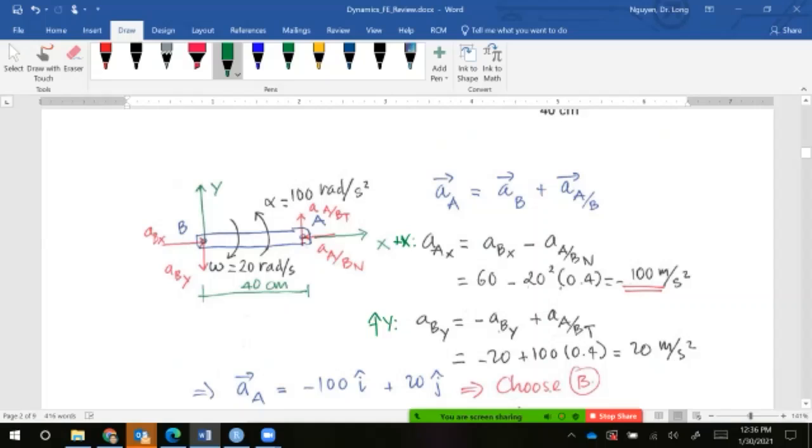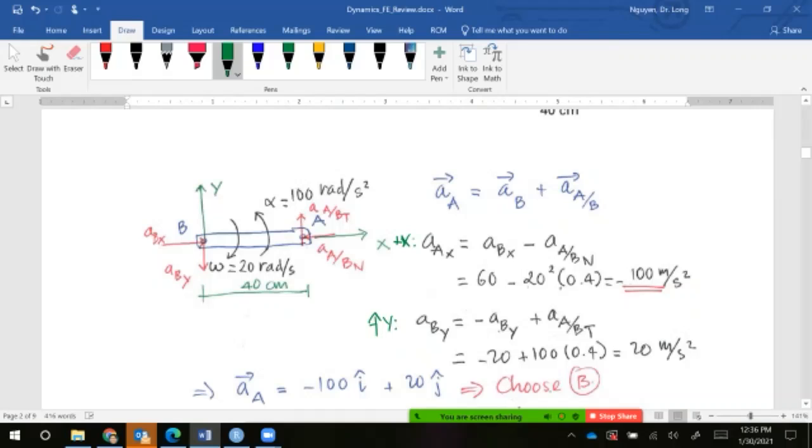And that, as you can see, is why we have A relative to B normal component to the left, and then A relative to B tangential, in the same direction as alpha. Alpha in this case is counterclockwise. Then, of course, the A over B tangential component goes up.